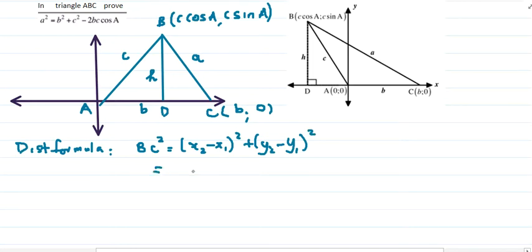We are familiar with this from analytical geometry. So BC squared, if we look at the coordinate B, it is c cos A minus the x coordinate of C, which is b, and we square that, plus the y coordinate of point B, which is c sine A minus 0 squared.